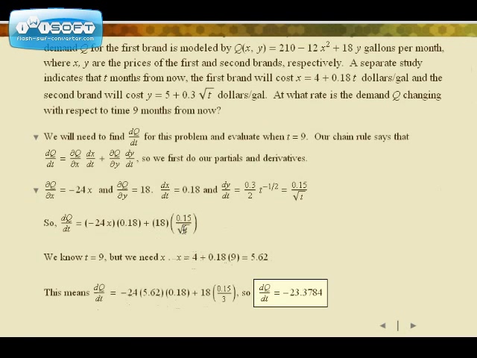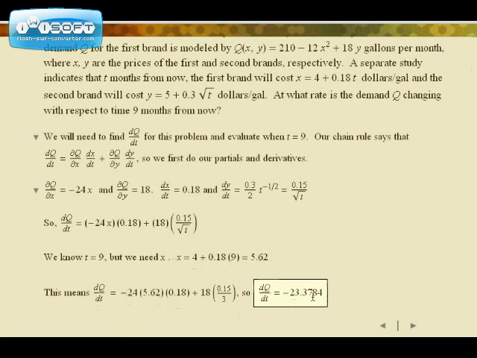And the square root of 9 is going to be 3. So I'll just get a 3 right there. Stick all that into your calculator to get a decimal value, and that's going to give us negative 23.3784.